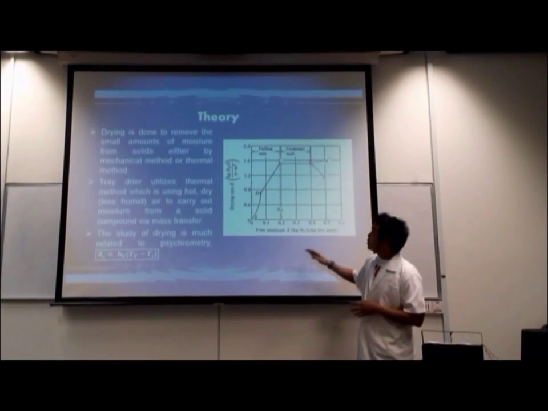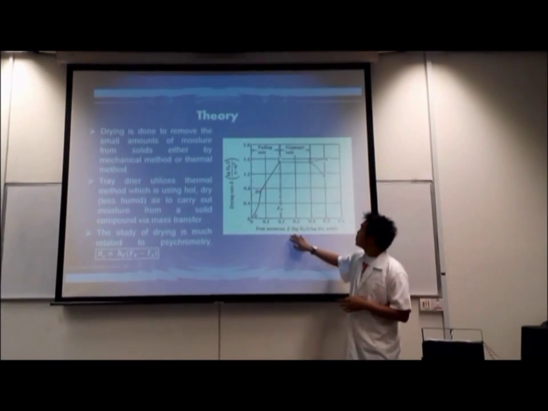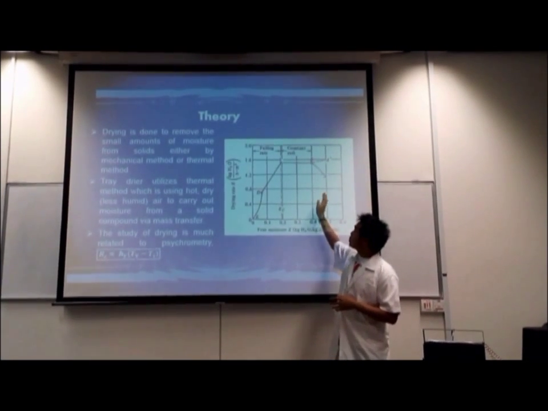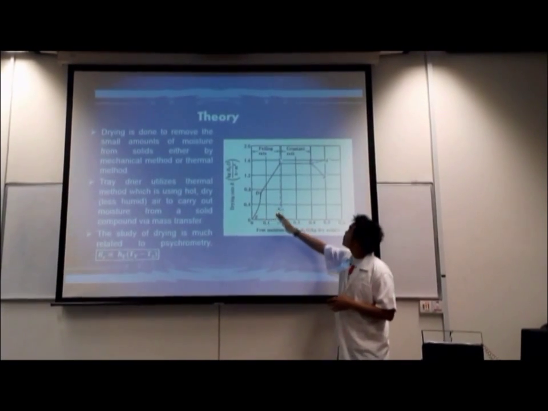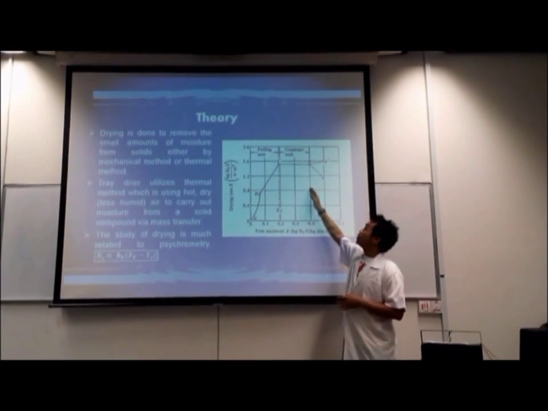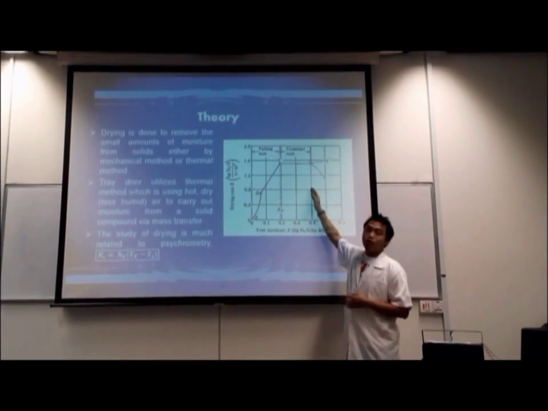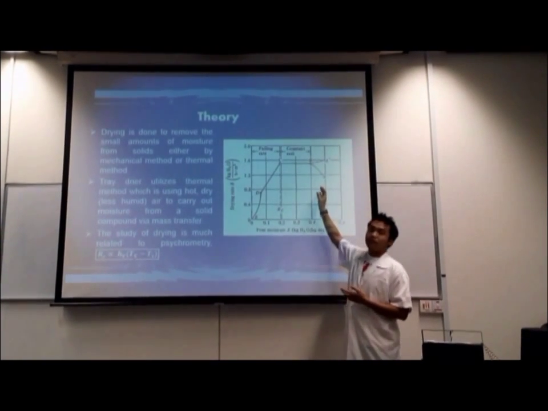And here is the drying rate curve, as you can see here. We have several parts: A to B, B to C, C to D, and D to E. The first part, A to B, is the initial dynamics part, which we normally do not consider in designing dryers because the period is very short.